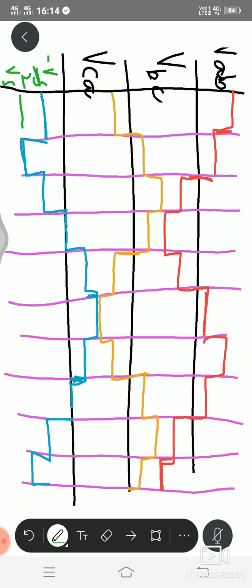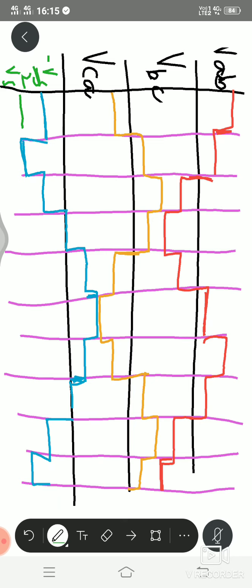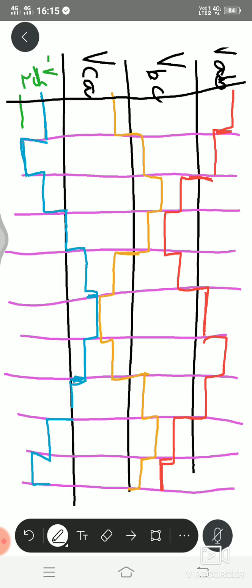This one is Vs. This is minus Vs. This is minus Vs by 2.